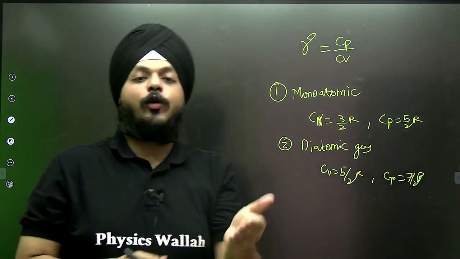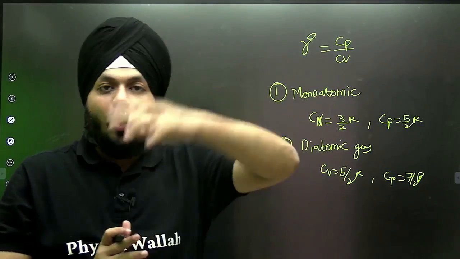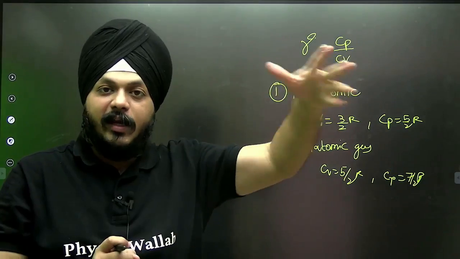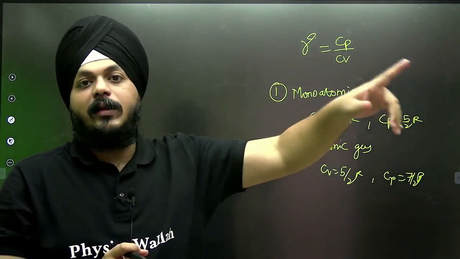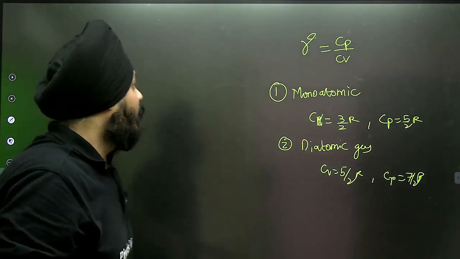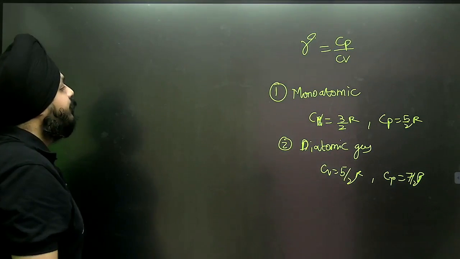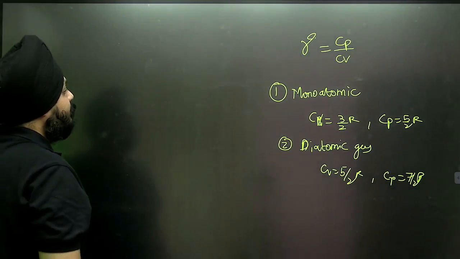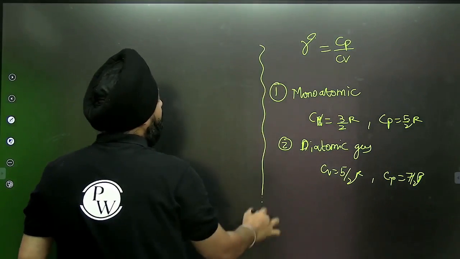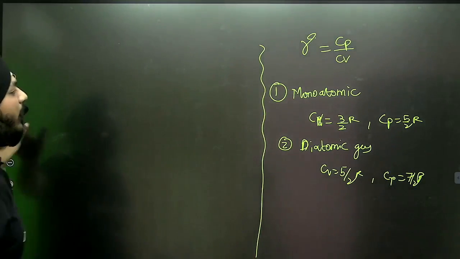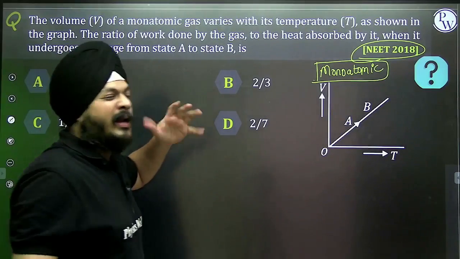For triatomic gas, we have linear and non-linear molecules: one has 3R, 4R, and for the linear molecule another value is there. So gamma is equal to Cp by Cv. Apart from this, Cp minus Cv equals R and lots of things are there.